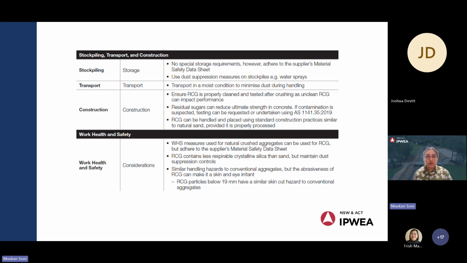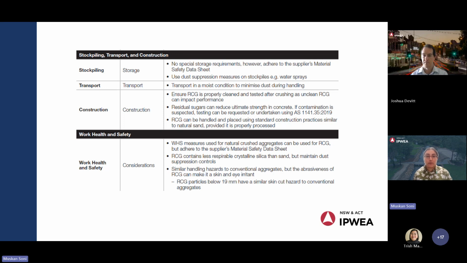And then for construction, the section discusses any specific requirements that may be needed for the recycled material, or otherwise if standard construction, like placement and compaction and handling procedures, can be used for that particular material.